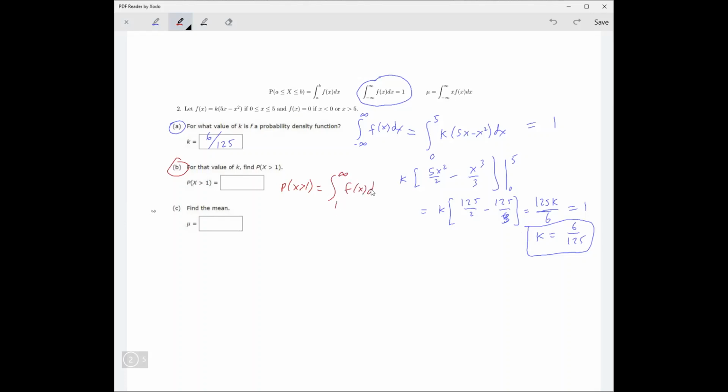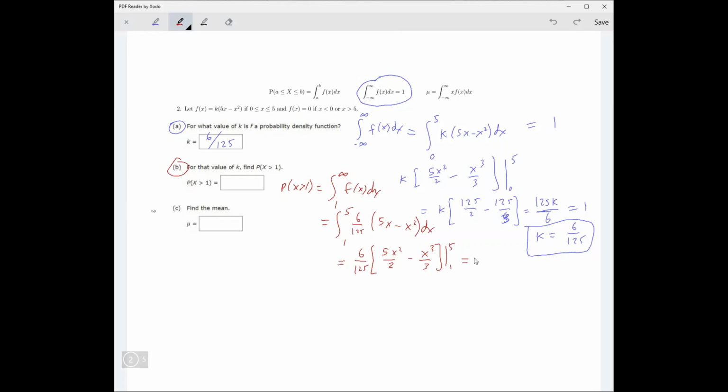But because it's 0 beyond 5, we're just going to go from 1 to 5. And we're going to put the value of k in, so that's 6 over 125 times 5x minus x squared. So we're going to get 5x squared over 2 minus x cubed over 3, evaluated from 1 to 5.